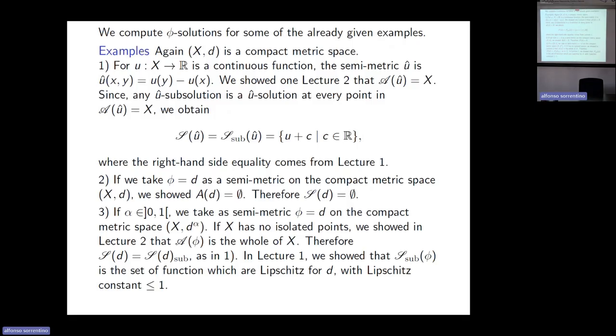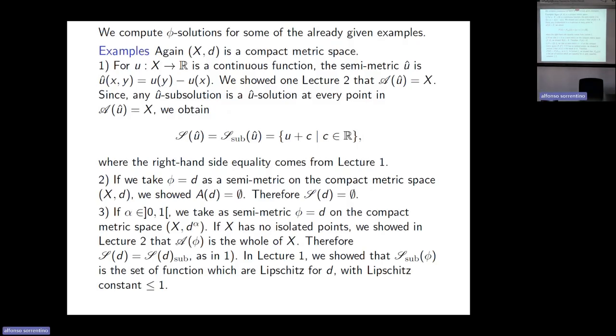So this is a counter example to the question. We take a semi-metric phi equals d to the power alpha if x has no isolated point. We show that the Aubry set is the whole of x.